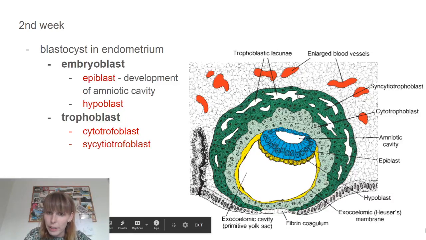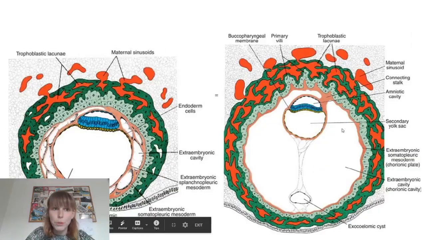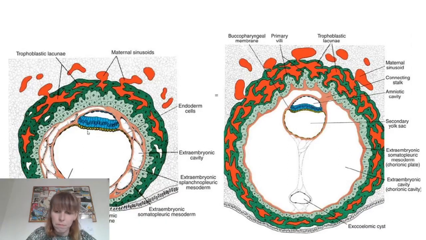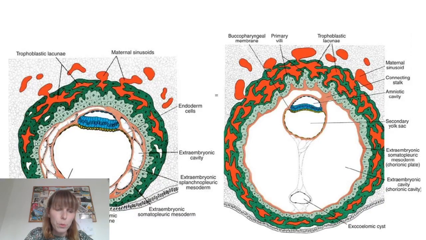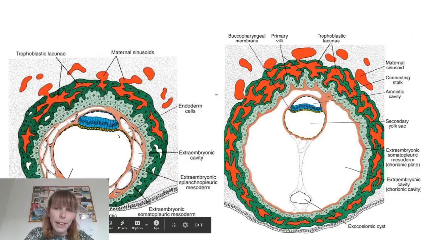So we are embedded in the endometrium, and what happens then is the whole structure starts growing. So here we had the second week, here we are progressing, and you see that this whole structure, both the cytotrophoblast and syncytiotrophoblast and the embryoblast, start growing, and the amniotic cavity starts growing as well.